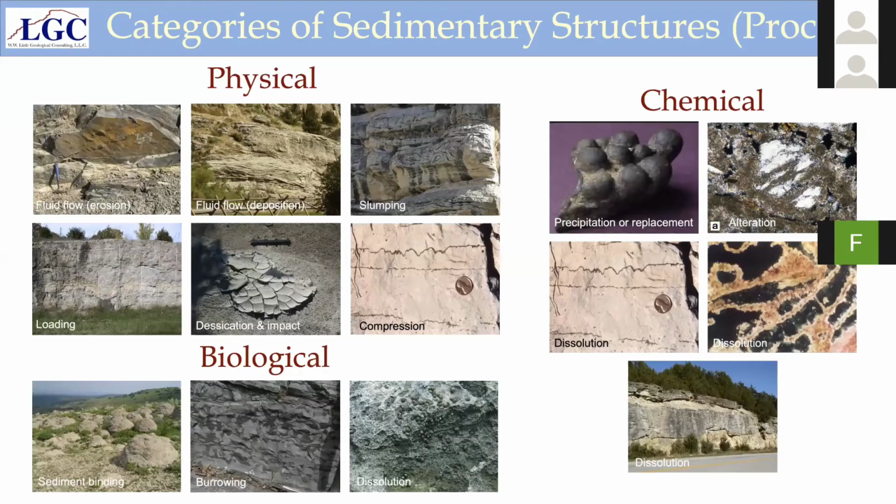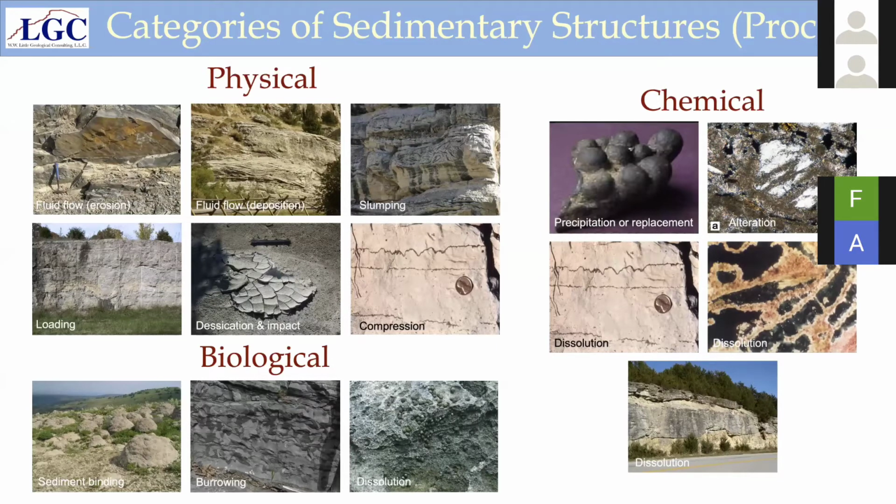Okay, so let's start off with classification. What are the categories that we find for sedimentary structures? And again, there's not entire agreement on how to perform the classification. There are two primary ways in which this is done. One is by the process through which the sedimentary structure was formed. We'll divide those into physical, chemical, and biological structures.